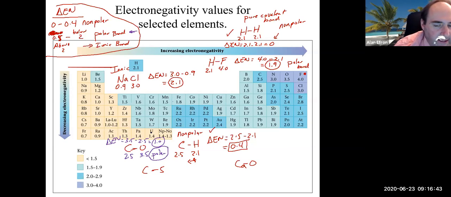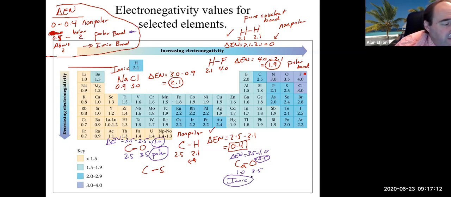Let's go to the other side here. Let's go to calcium and oxygen. Calcium is 1.0. Oxygen, again, is 3.5. When we do the difference in electronegativity, that is 3.5 minus 1, which is 2.5. 2.5 is above 2, and we would expect this to be an ionic bond, as we know.